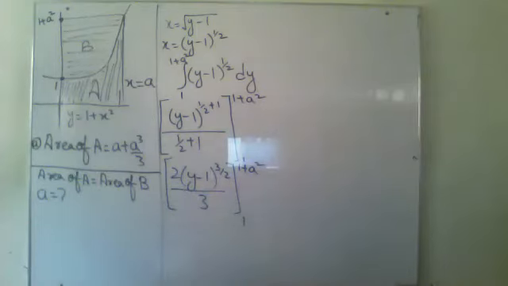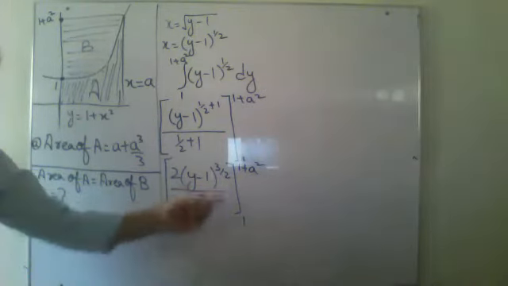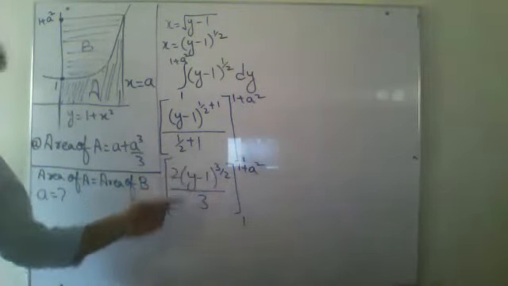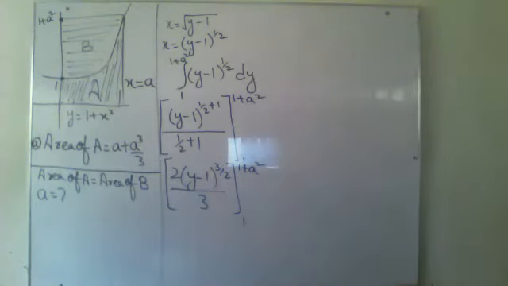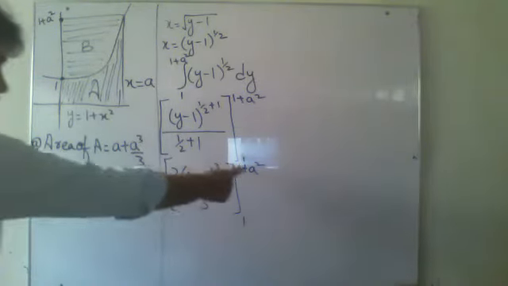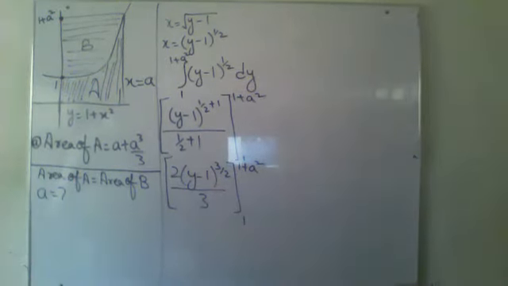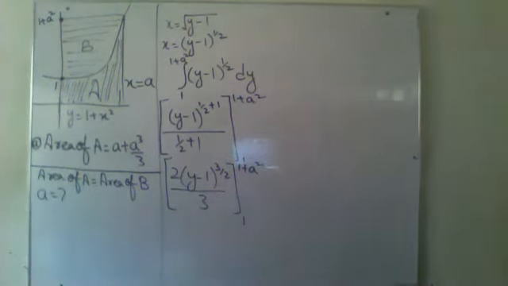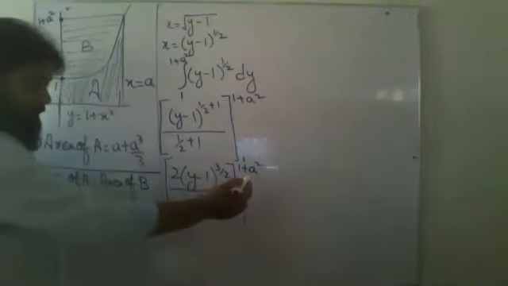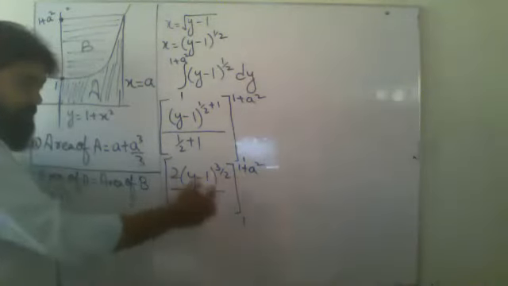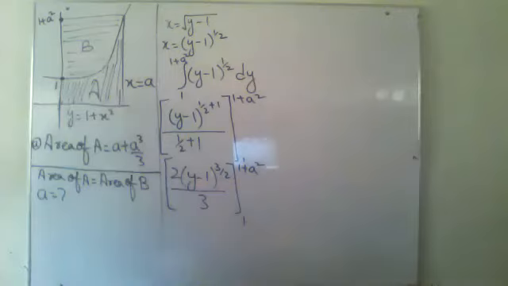Now this is the most simplified form of my integration. So now I am going to apply the limits which are given to me. I will be applying those limits over here. How will I apply it? First of all, 1 plus a square will be plugged in over here, and then 1 will be plugged in.